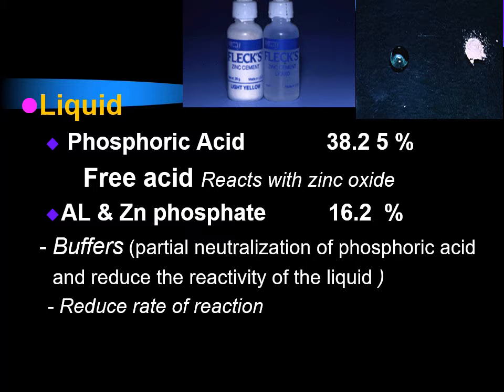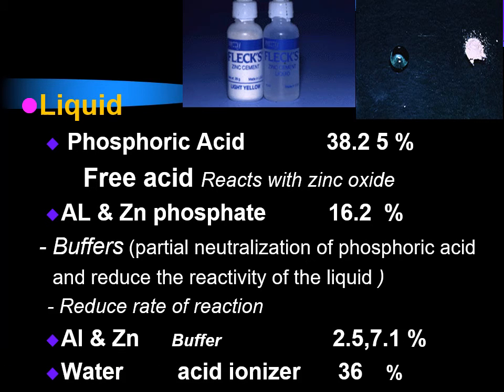This partial neutralization of the phosphoric acid also reduces the reactivity of the reaction between the powder and the liquid. We also have aluminum and zinc ions, which act as a buffering agent.